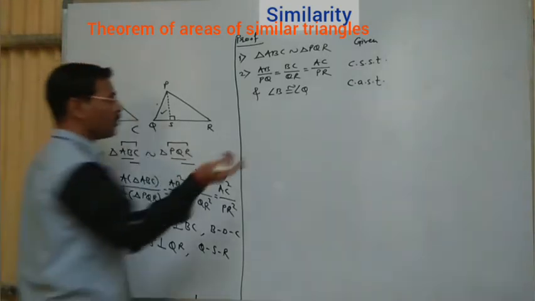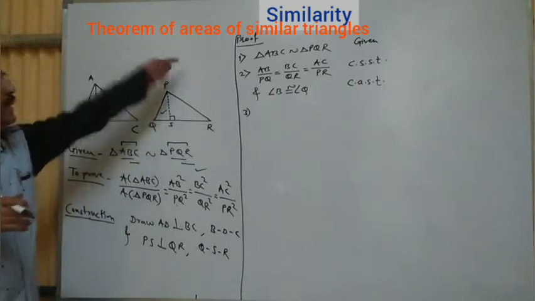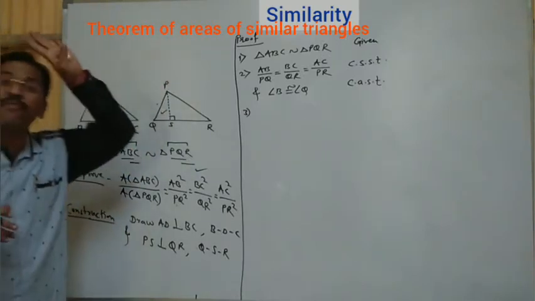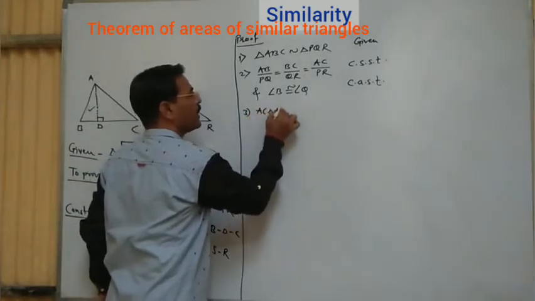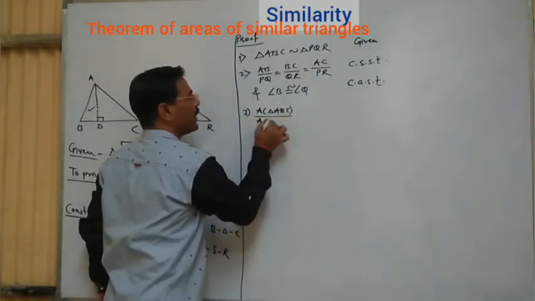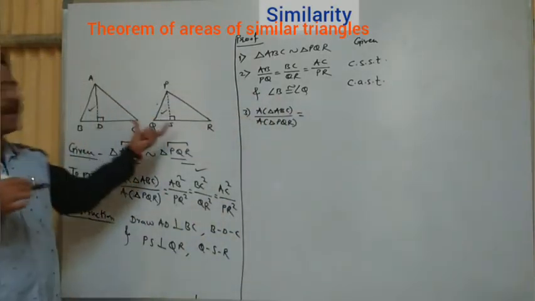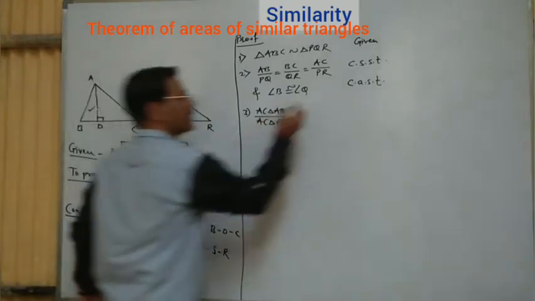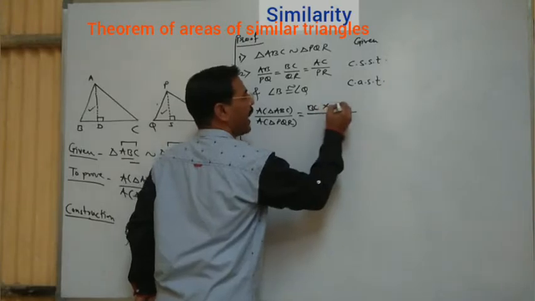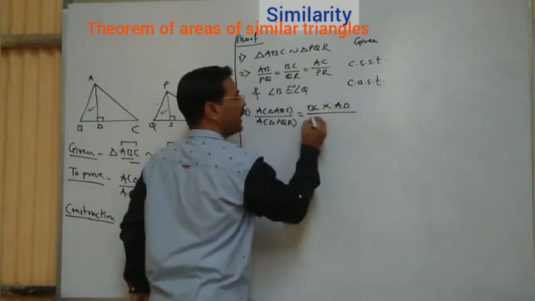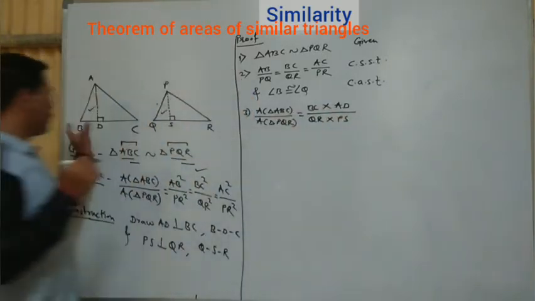Okay. Now after writing these two, we'll write their ratio, using the first property. What is property number 1? Area of triangle ABC upon area of triangle PQR. In these two triangles, base and heights are both different, which means the ratio depends upon the products of base and height: BC into AD, and QR into PS. Is it correct?